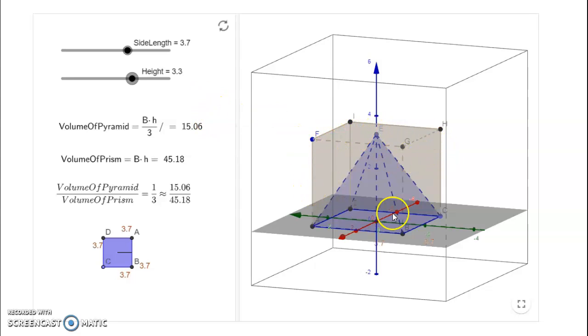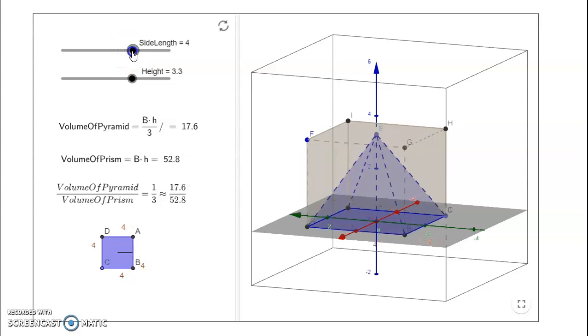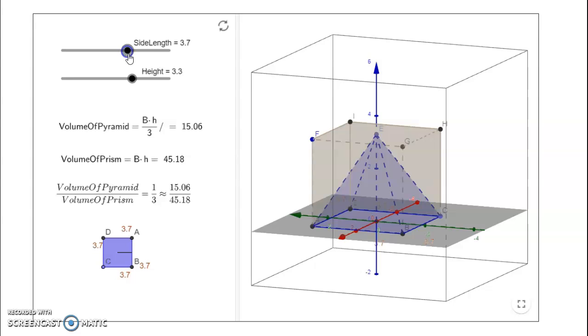Here I have a rectangular prism with a rectangular pyramid on the bottom. I can change the size of the base area of each of those, and they already have the volume formulas here. The volume of the pyramid is the base area times the height divided by 3, and the volume of the prism is just the base area times the height, no matter how we change it.